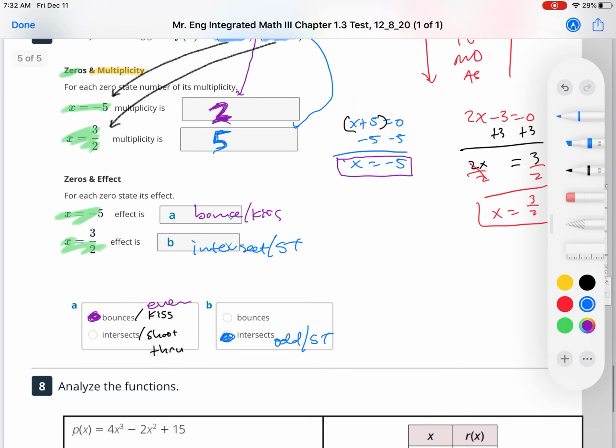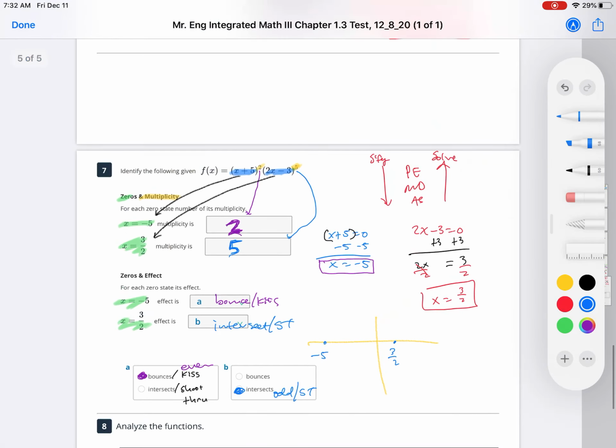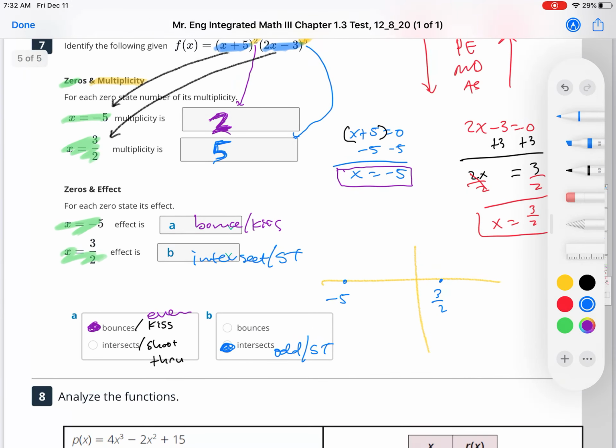Just because we have this all up, I'll graph this really quickly, super fast. X equals -5, x equals 3/2, and the coefficient is positive. 2 plus 5 is 7, so it's an odd degree, so you're going to start down and end up, and at -5 you are doing a bounce, so bounce here.